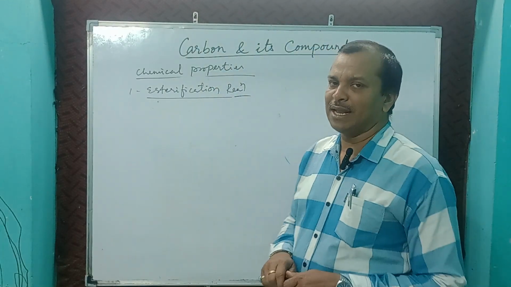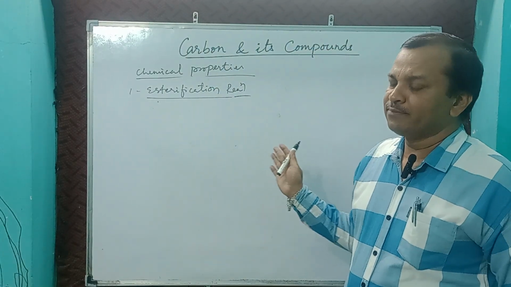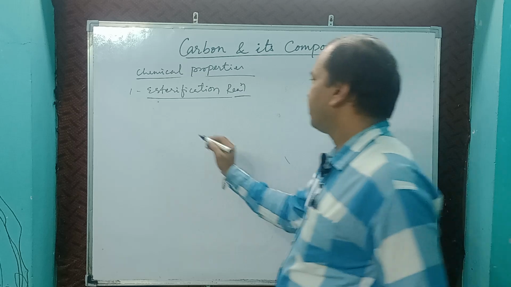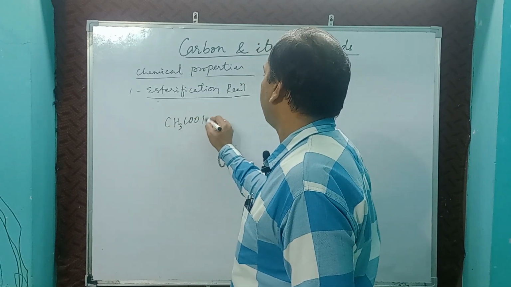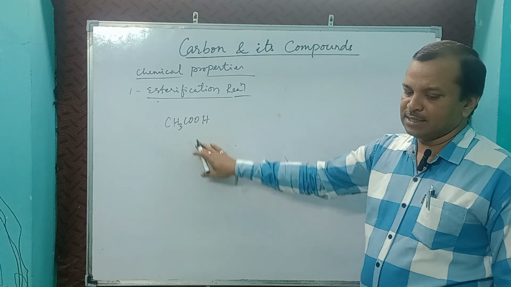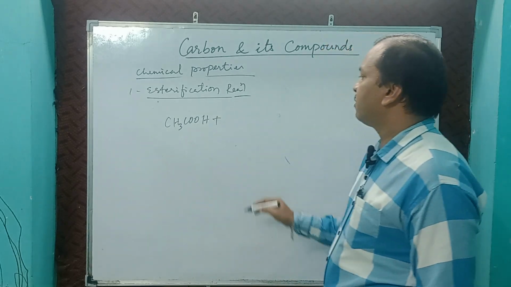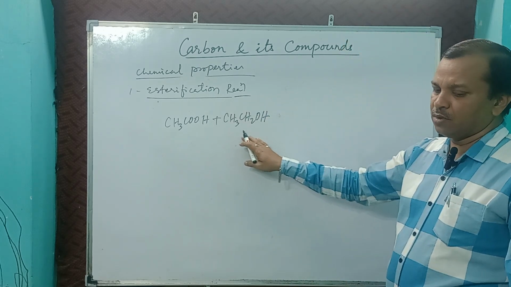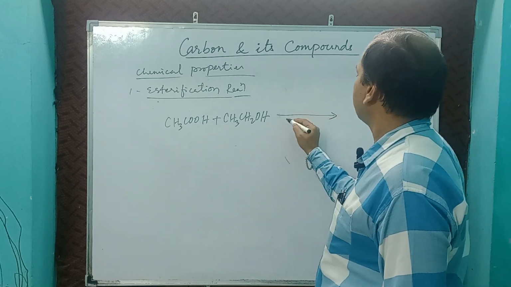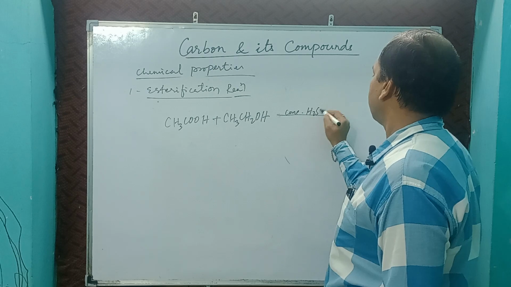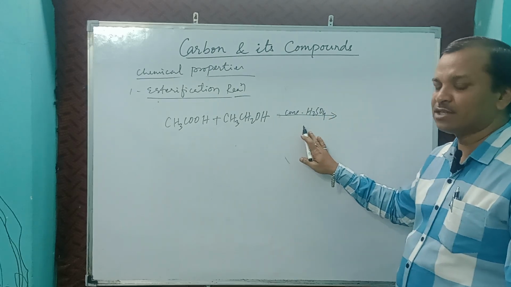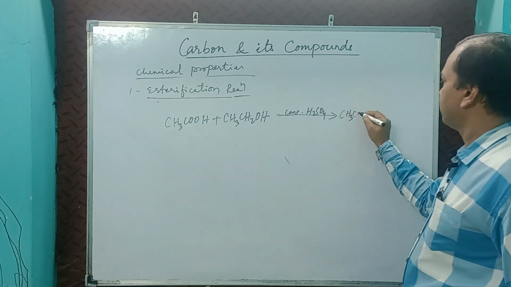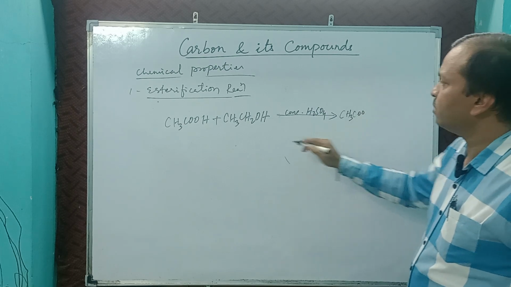Ester is a fruity smelling structure. We prepare ester from ethanoic acid, CH3COOH. When it is treated with ethanol, CH3CH2OH, in presence of concentrated H2SO4, we get ester, CH3COOC2H5.